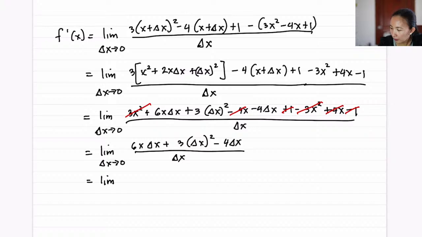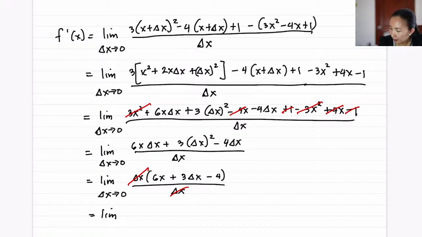Limit of, okay, bring out delta x. You have 6x plus 3 delta x minus 4. Correct? All over delta x as delta x approaches 0. And then from here, we could cancel this out. What is left? Limit of 6x plus 3 delta x minus 4 as delta x approaches 0.